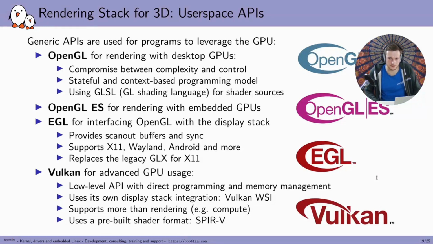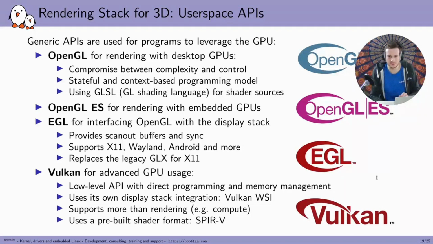OpenGL works with a stateful and context-based programming model, meaning that if you want to do an action, it has to be split up through multiple function calls. And the function calls will have an effect that may depend on previous function calls. So it's like a context that you're building through different successive calls.